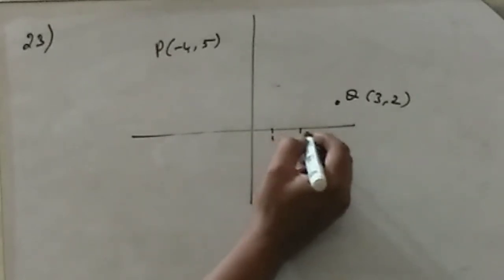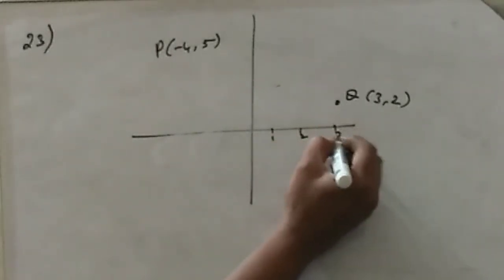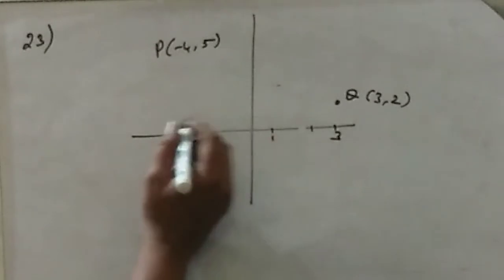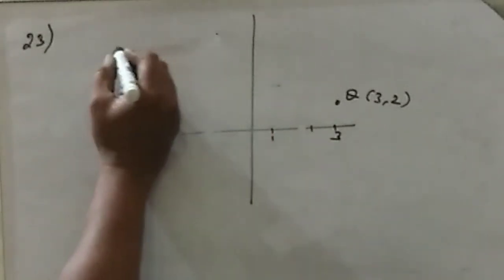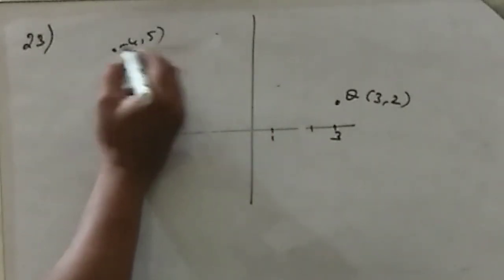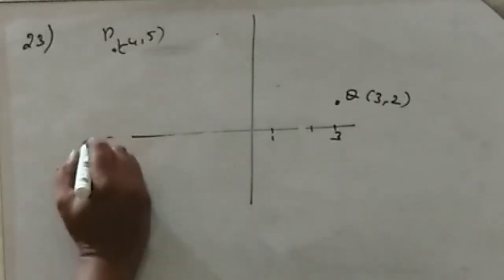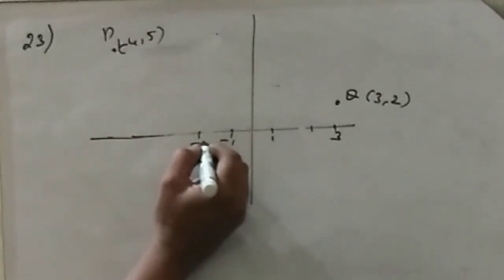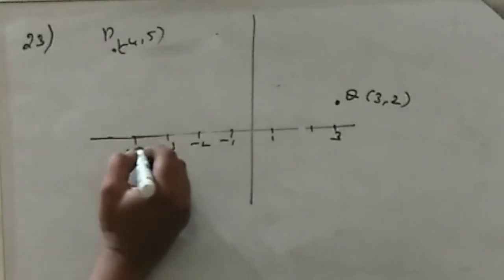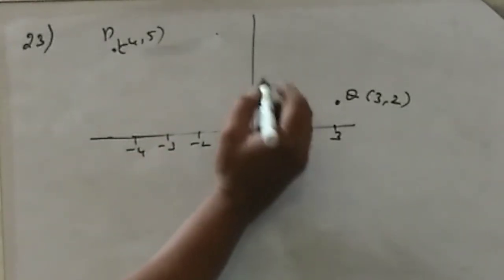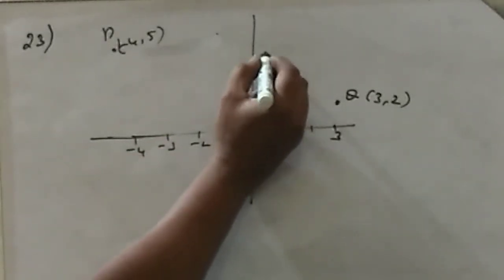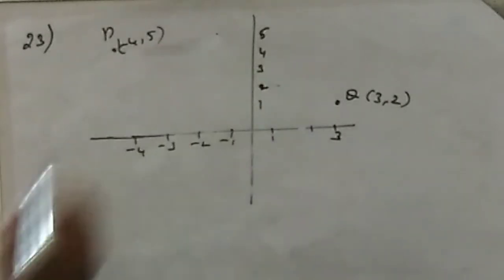Okay. 1, 2, 3. And here -4 and 5. This is P. Minus 1, minus 2, minus 3, minus 4. Okay. Then 1, 2, 3, 4, 5.